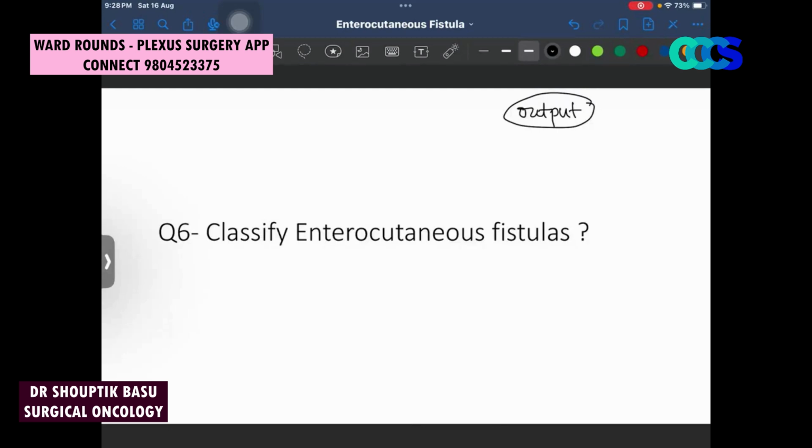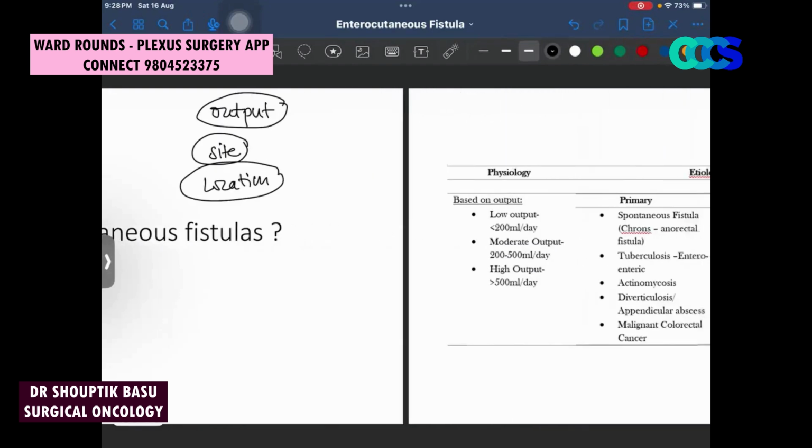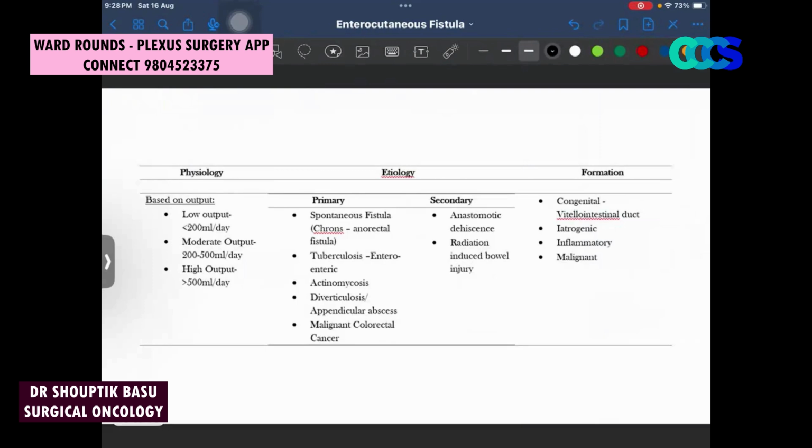Okay. Anything else? Based on location. Very good. So I will just give you something. You can take screenshots if you want, and if you want, I'll send this PPT over to Shilajit and you can have it. You can just text me on WhatsApp, I'll share it with you.